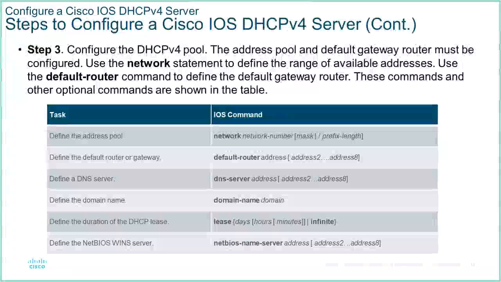Default router is our gateway address that gets pushed out to the hosts, then dns-server and the address. If you put multiple addresses, you can have up to 8 addresses, and this would be if you can't contact the first one, move to the second, move to the third type scenario. Domain name: if you are a member of a domain, it will push out the domain name that your device is a member of.